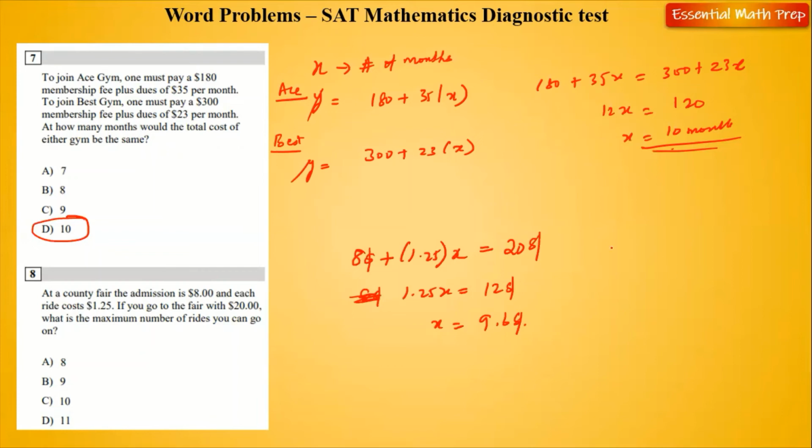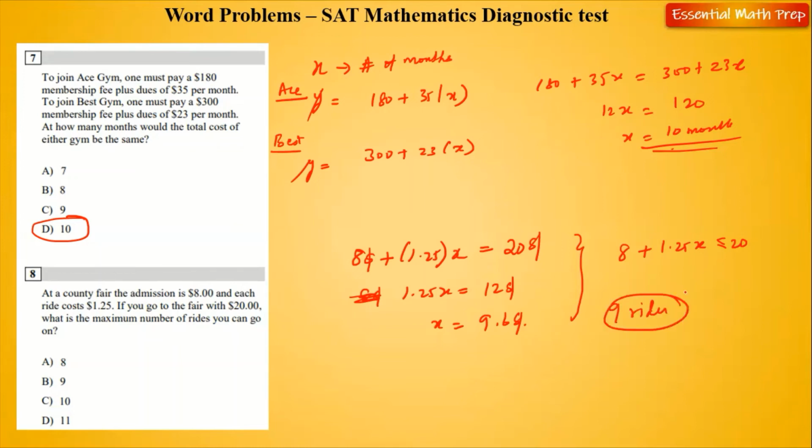So essentially, if he had written the inequality in the first place, 8 plus 1.25x has to be less than or equal to 20. That means the maximum number of rides he can go on would be nine rides, right?